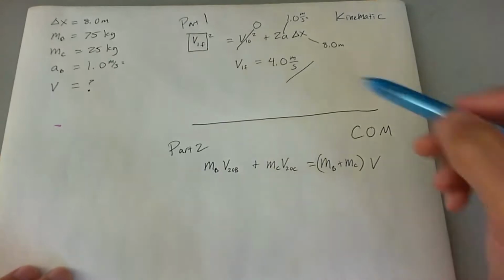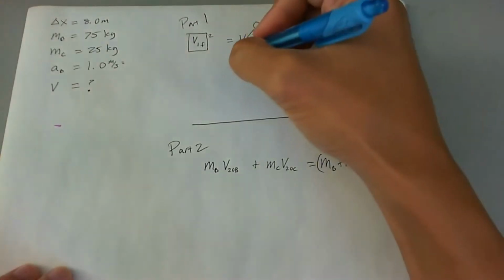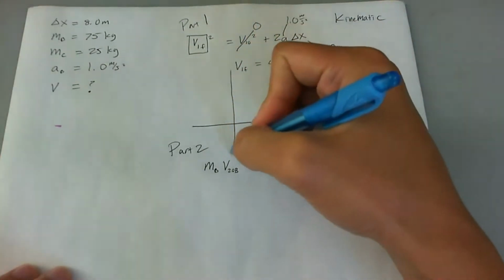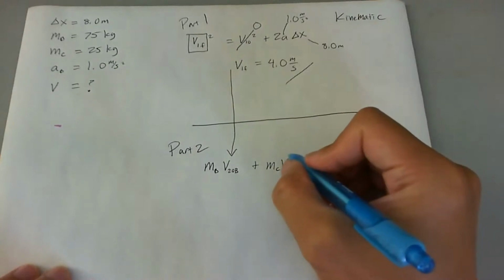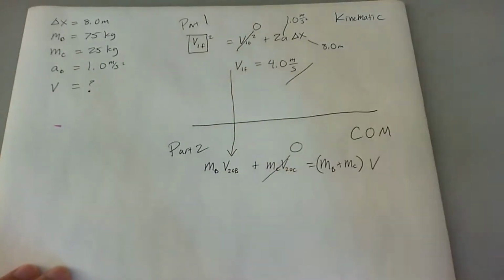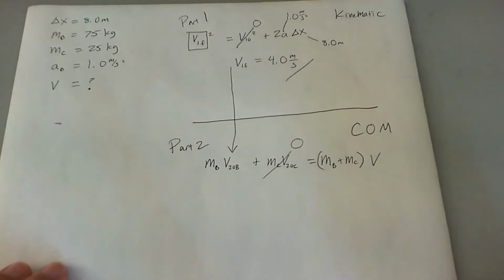Now, what does this pertain to? It pertains to the velocity of Bob before jumping on the cart. We know that the cart was at rest at the beginning of the problem, so we say this is 0. This becomes a lot easier now.